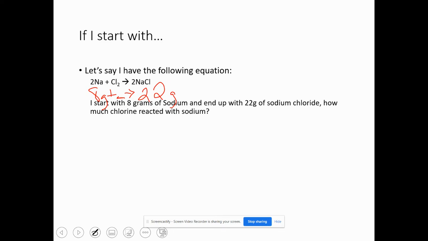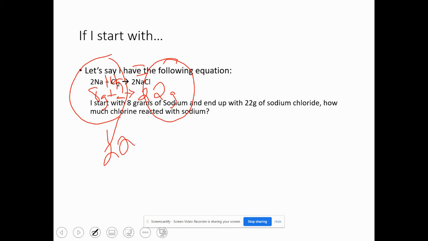Well, because of the law of conservation of matter, this whole side has to equal this whole side. And so in this case, there's only one product, so it's pretty easy. What plus 8 gives you 22? And if you said 14, you would be correct. So 8 plus 14 grams gives me 22.